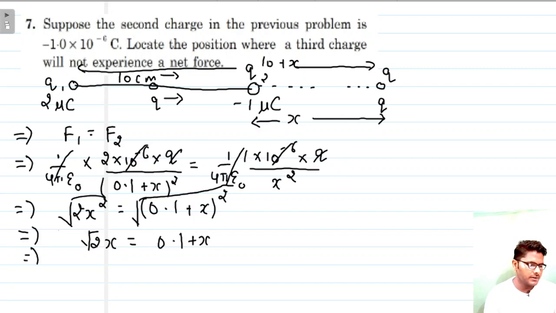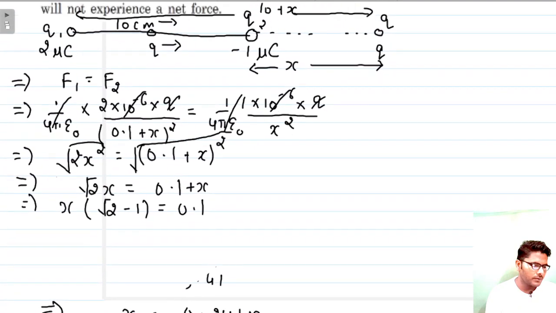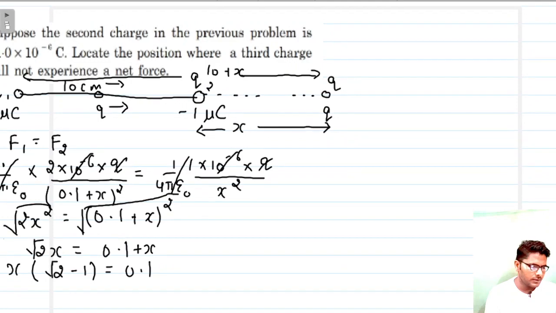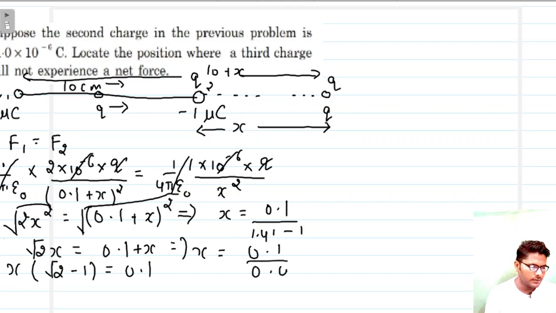Taking this x to the left side, you will get x into (root 2 minus 1). The value of root 2 is, as you all know, 1.414. So this will become x is equal to 0.1 upon (1.41 minus 1). So the value of x will be 0.1 over 0.41.